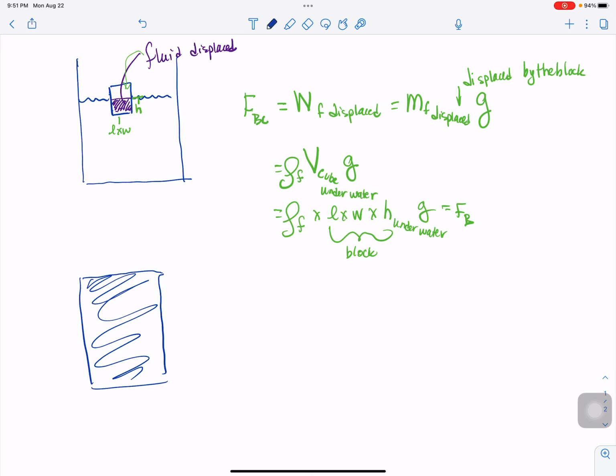And when you do that, the water is going to overflow into a graduated cylinder if you do this correctly. And so you will measure the weight of that water, or the volume of that water, and then you'll use the identity that 1 milliliter of water is equal to 0.001 kilograms. So we need to go to kilograms. This is water only. Need to go to kilograms in order to calculate force in newtons.